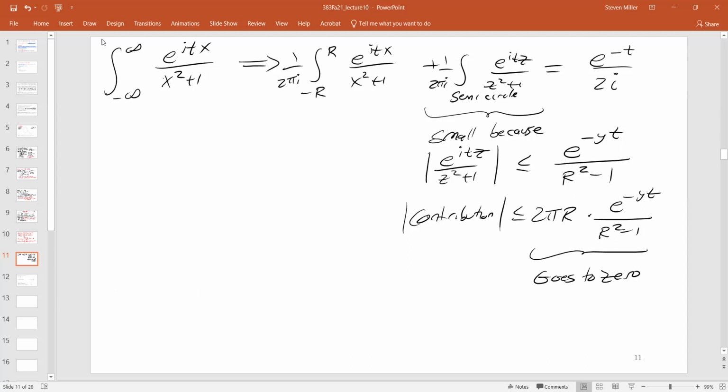So when we put all the pieces together and we multiply by 2 pi i, we get that the integral from minus infinity to infinity of e to the itx over x squared plus 1 dx, the 2i cancels, we get, I believe, pi e to the minus t.